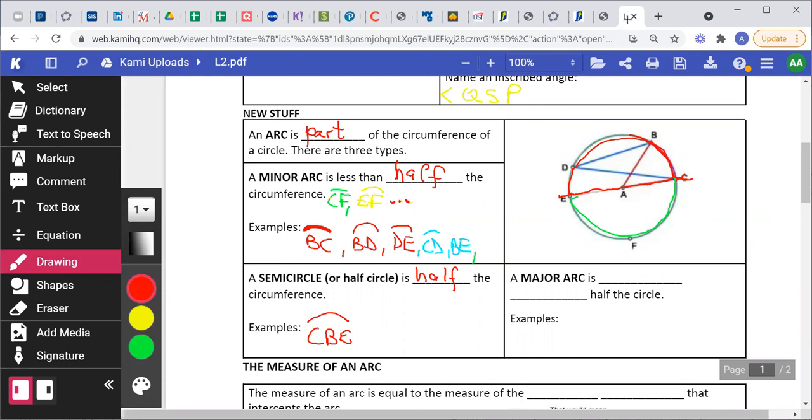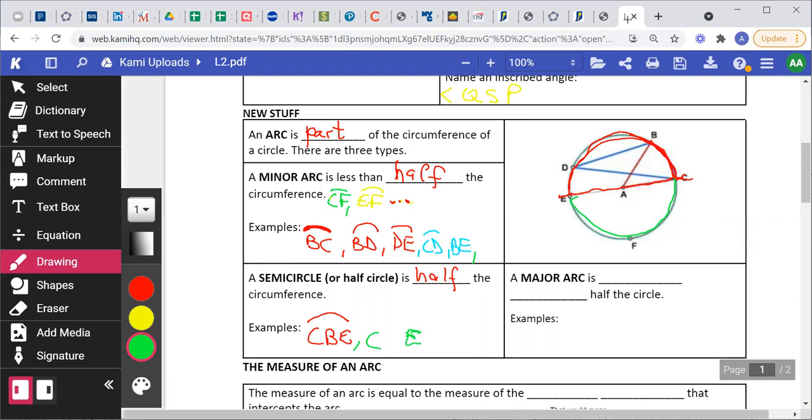Instead of CE, I'm just going to add B, or sometimes you might even add D, to say that you are talking about this. And the other side, the green one, since it's also C to E, it starts at C and ends at E, I might just put a letter in between to show that this is the exact one I'm talking about.